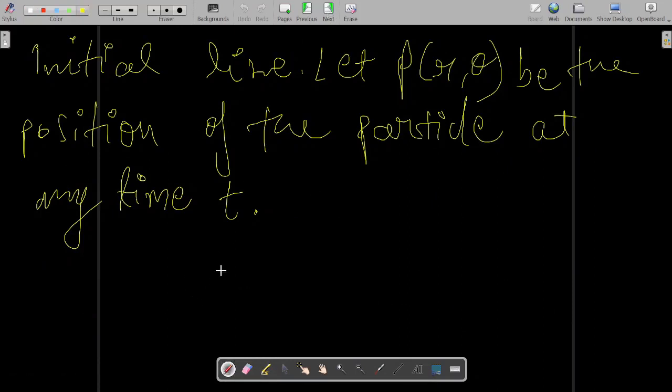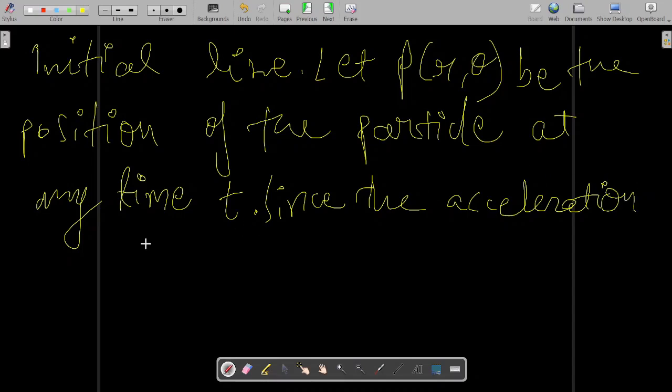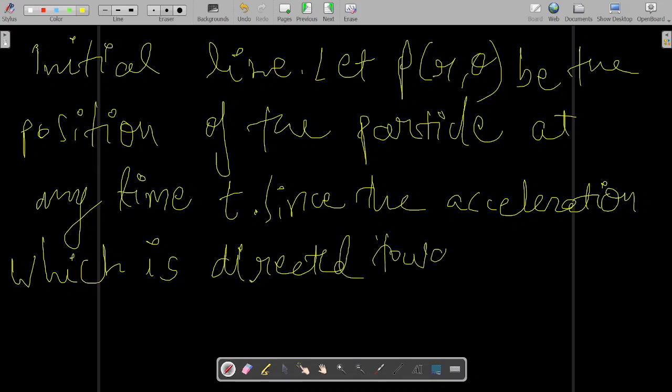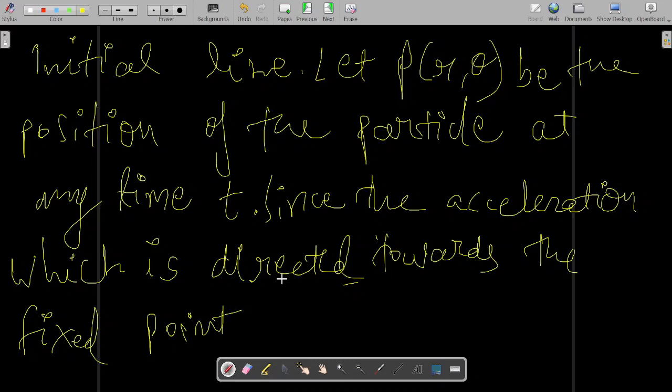Since the acceleration is directed towards the fixed point O, because it is under a central force, the acceleration will be directed towards a fixed point O. So therefore the particle has only a radial component of acceleration.